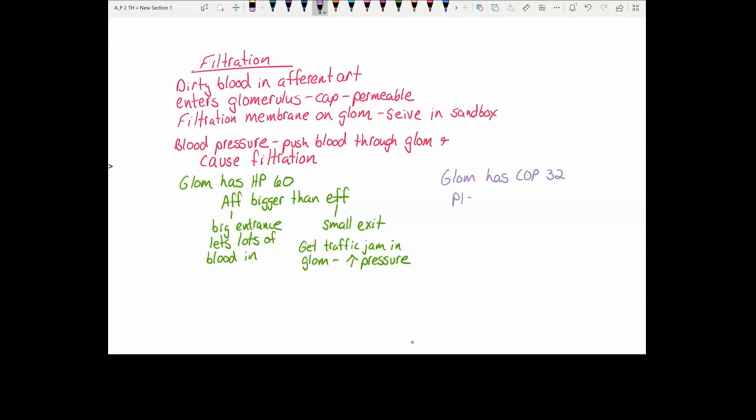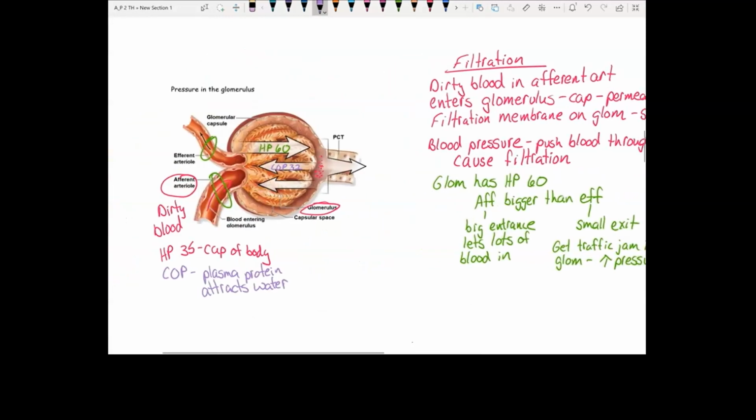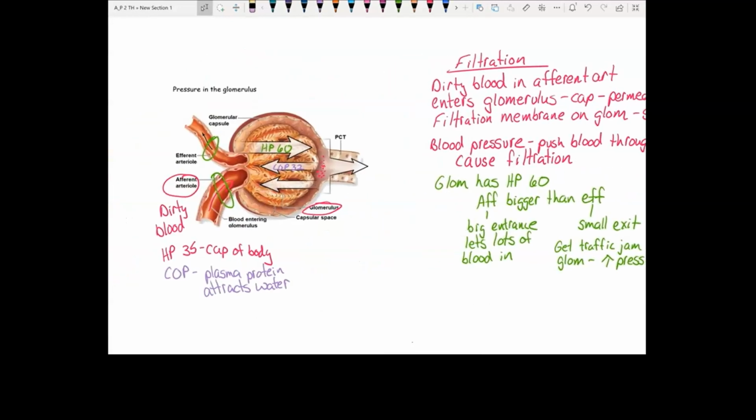This is the plasma protein pulling water in. Notice they're opposite, just like in the capillary you studied in chapter 20. The hydrostatic pressure pushes out, colloid osmotic pressure pulls in.